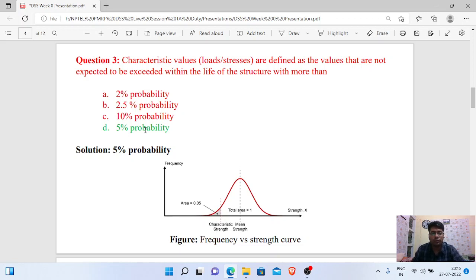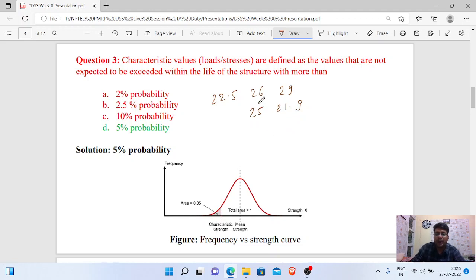You may know from RCC what characteristic strength means. Suppose you are casting 100 concrete cubes. So let us suppose you are getting values like 22.5, 26, 29 and 21.9, 25, like that you are getting 100 values.